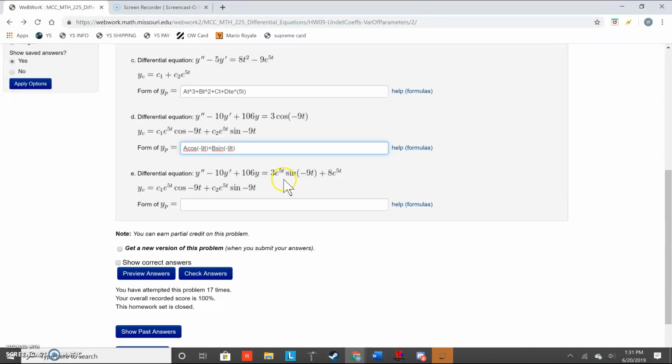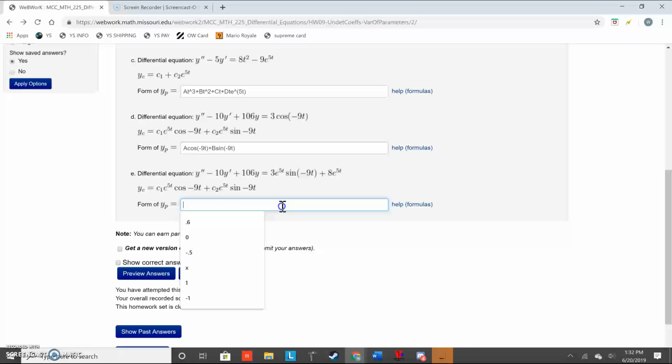We have a 3e to the 5t sine of negative 9t plus 8e to the 5t. Once again, we'll have to have the same cosine plus sine term, except this time we also have an e to the 5t multiplied. So this time we'll have to multiply this by the whole form of the sine and cosine. So let's do that first. So e to the 5t.